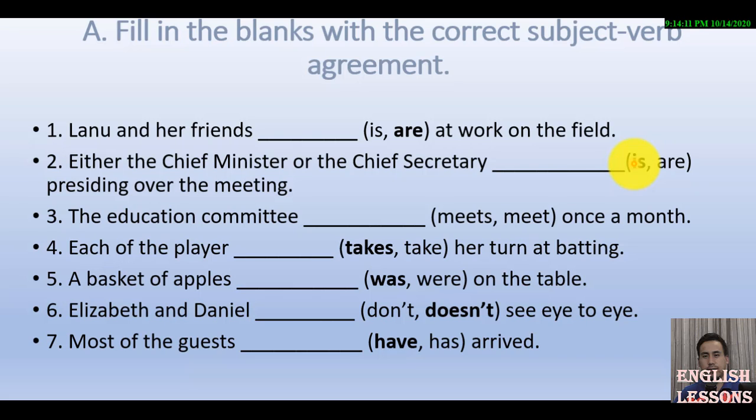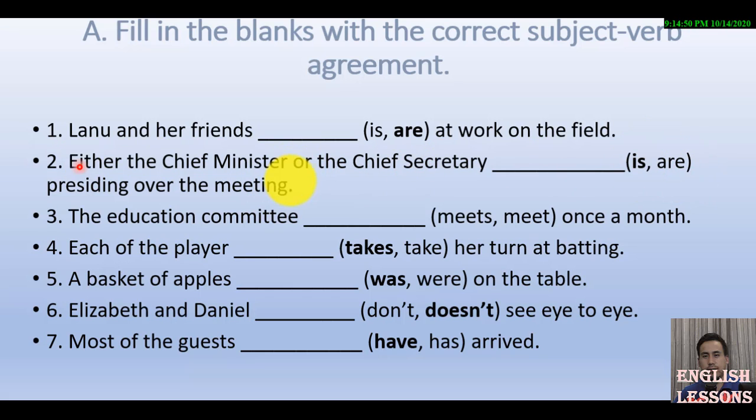The reason is, when two subjects, the chief minister and the chief secretary, are joined with either or, neither nor, we use a singular verb. So either the chief minister or the chief secretary is presiding over the meeting. It should be is. We cannot use are here.